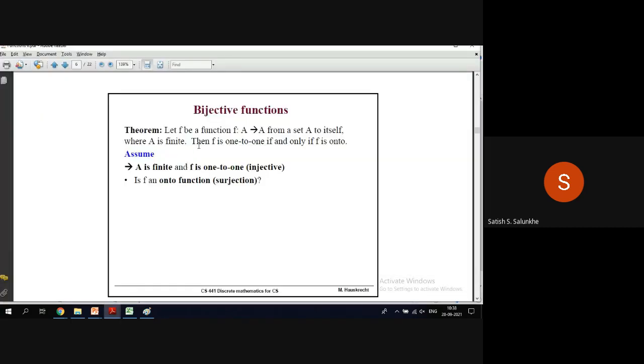Let f be a function from domain to codomain, where domain and codomain are both the same, and both are finite. It is not infinite. Then if f is one to one, f is one to one if and only if f is onto function.